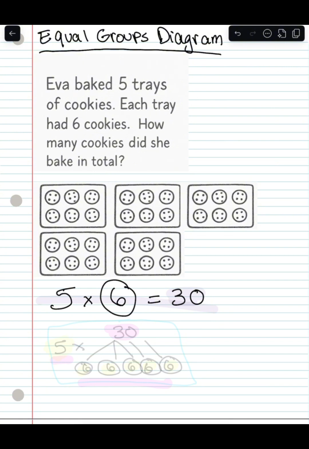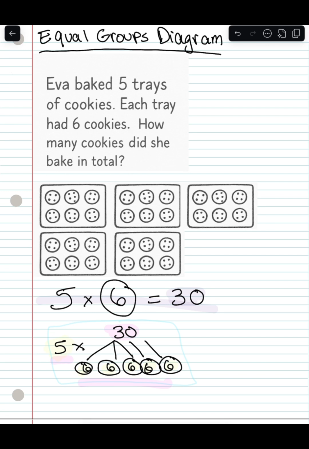Now for the equal shares diagram or equal groups diagram, you're going to show that 30 can be broken down into 5 groups of 6. 2, 3, 4, 5. So there's 6 elements in your group, and you have 5 of these.